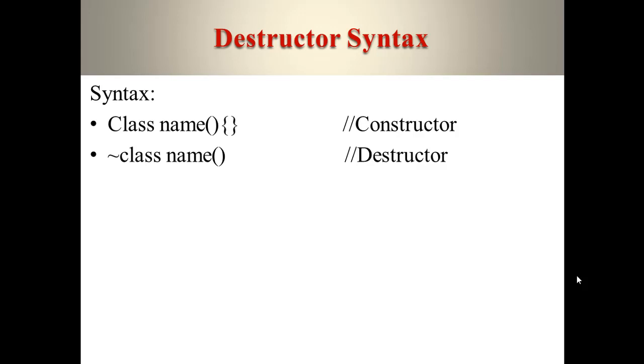The syntax of a destructor is slightly different, as we have to use the tilde symbol, known as the destructor symbol, followed by the same name as the constructor and the brackets. It has no parameters, no arguments.